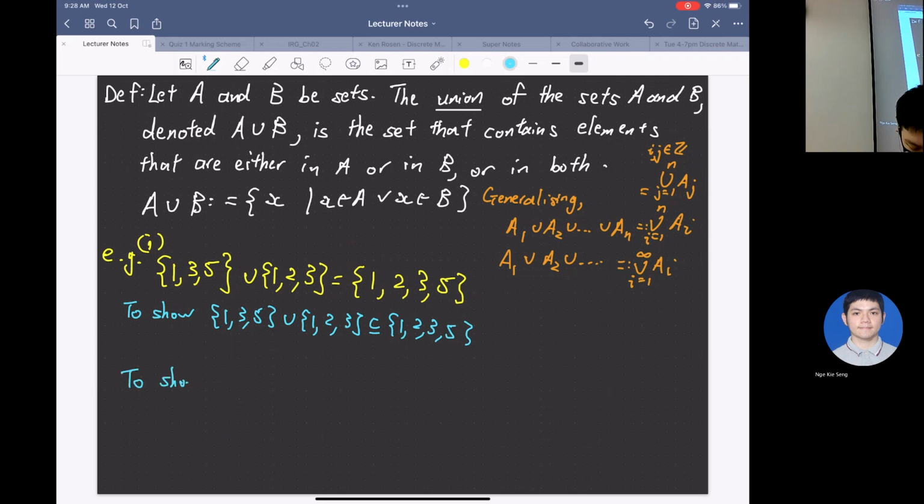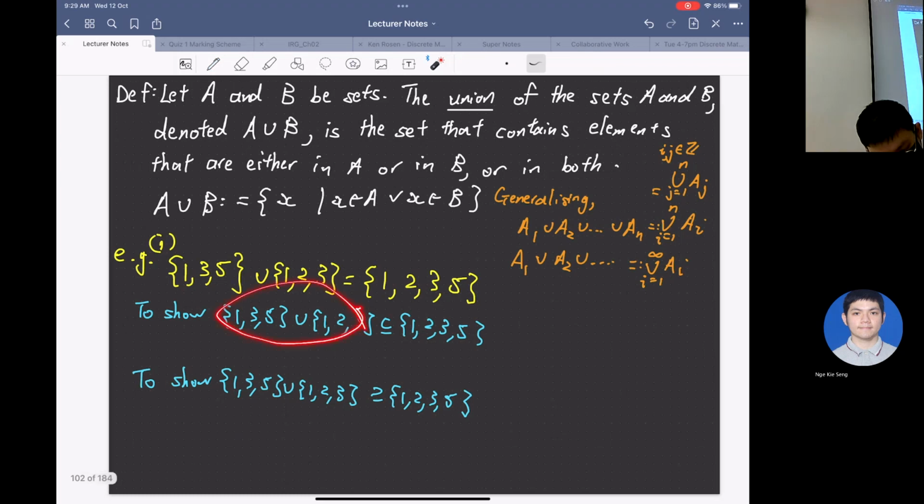There are two things you need to show that two sets are equal. So what's the definition of subset? You need to take every element here and then show that it's in here. And then every element of the other one is in here.